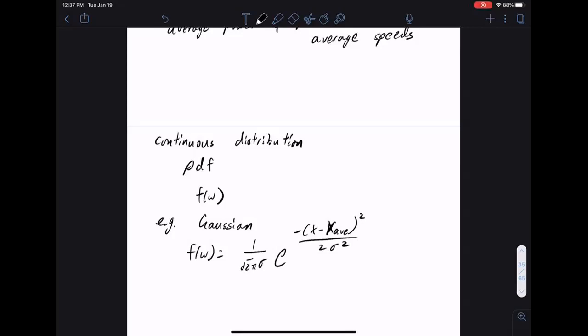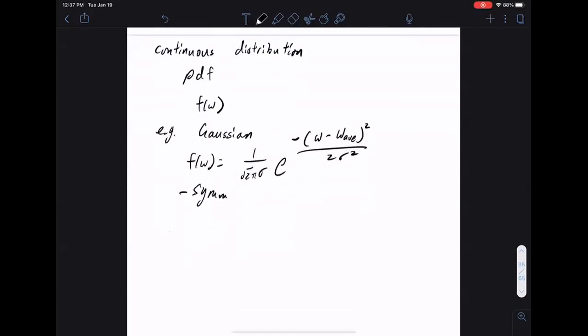The issue with that last time is that the Gaussian has two problems. One, it's symmetric around its mean, which makes the calculation often very easy, but in real life, wind speed or wind power or any of those quantities you care about is probably not symmetric around its mean.